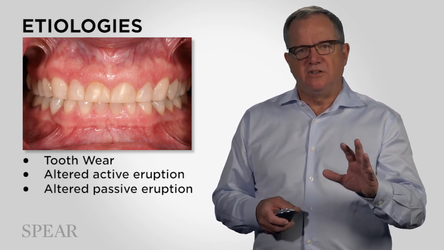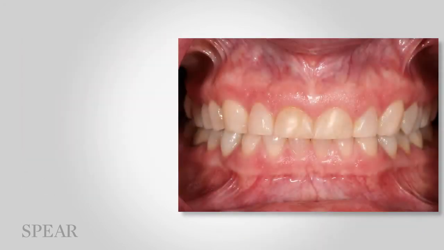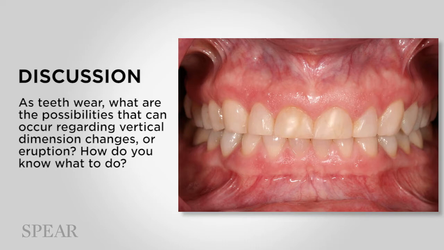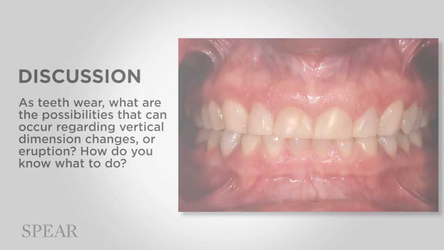So what I'd like you to do for a moment, with this image still on the screen, is have your next discussion. And really what I want you to think about is what are the possibilities that can occur as teeth wear? What are the possibilities that could occur regarding vertical dimension changes? What are the possibilities that could occur relative to tooth eruption?